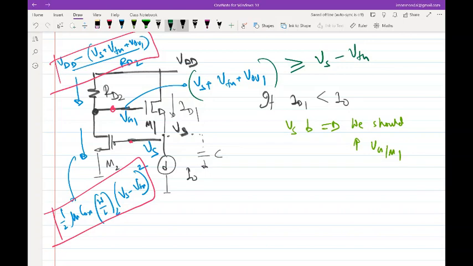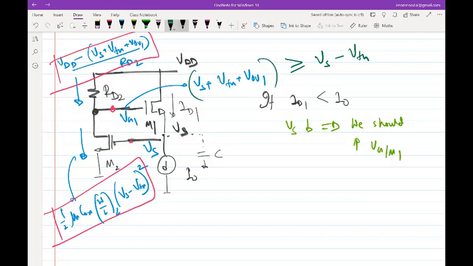You still have a design variable of V overdrive 1. You can choose a bad V overdrive 1 to nullify. No, V overdrive 1 cannot be negative, right? V overdrive 1 is positive. Correct, I agree with you. So it seems like this is always in saturation, which it might as well be.